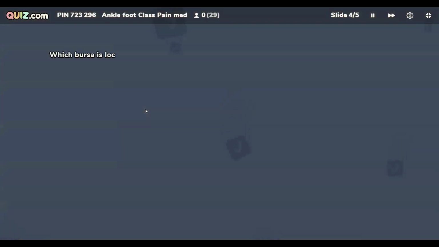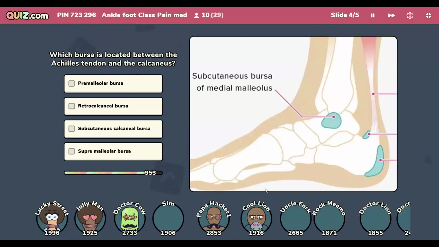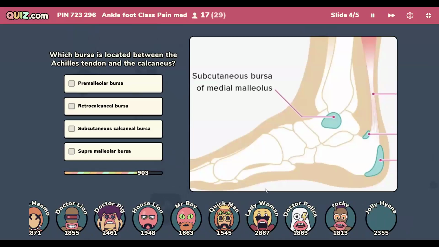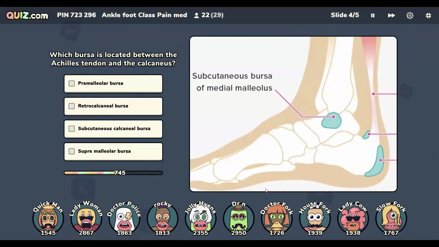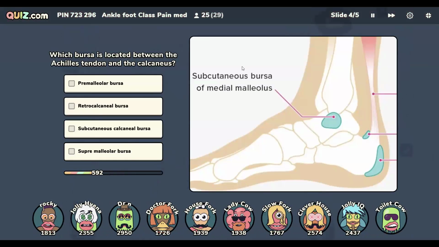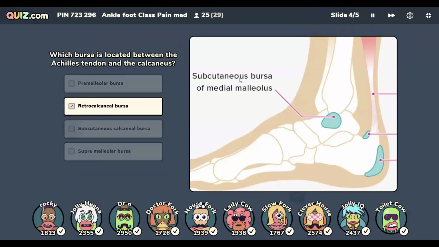Which structure is located between the Achilles tendon and the calcaneus? Retrocalcaneal bursa.